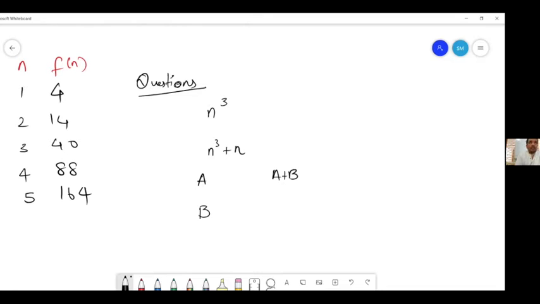That means in which order will it give a constant value? Correct. So Sunil, did you give a thought to this?